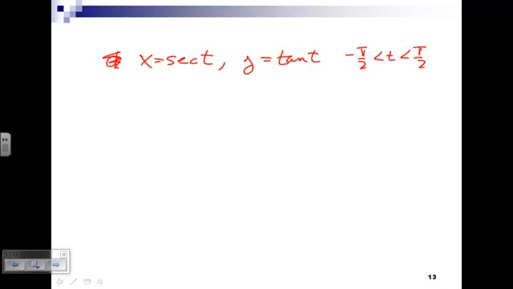All right, so let's say we have parametrically x equals secant of t and y equals the tangent of t. There's my curve parametrically, while t is between negative pi over 2 and pi over 2. And my question is, what is dy/dx?